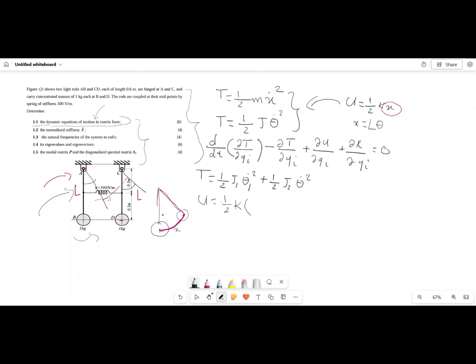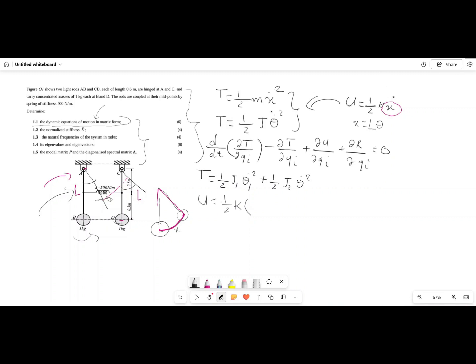Are you guys with me? The spring is attached to this guy and also to this guy, so there will be a change of displacement. It doesn't matter if you go final minus initial, but to keep consistency, I've been going final minus initial.